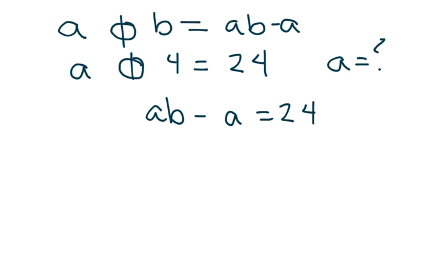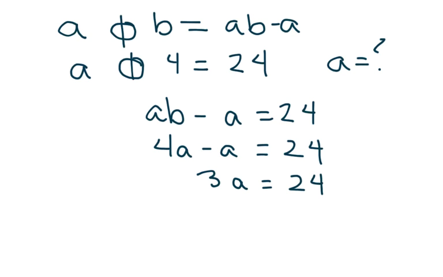I know B is 4, so I get 4A minus A equals 24. 3A equals 24. So A equals 8. You see, these are not that hard, but you just need to know how to not be scared of the symbols.